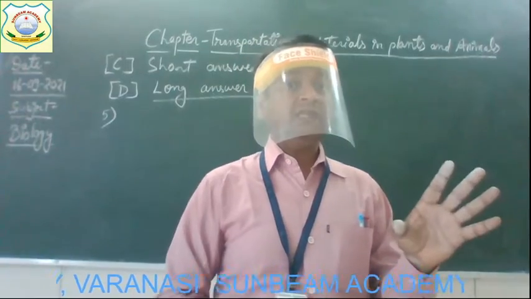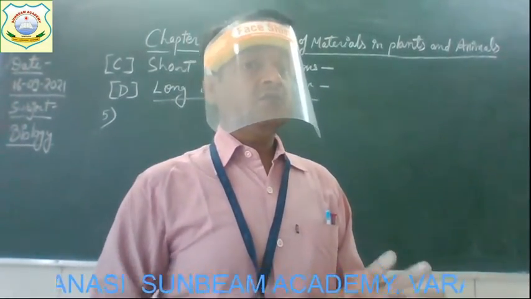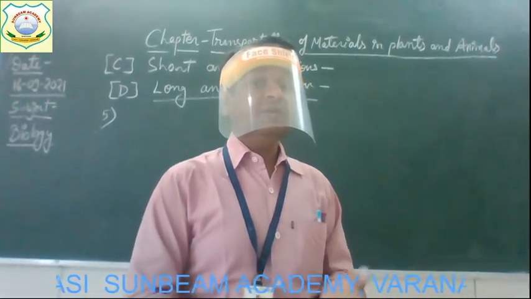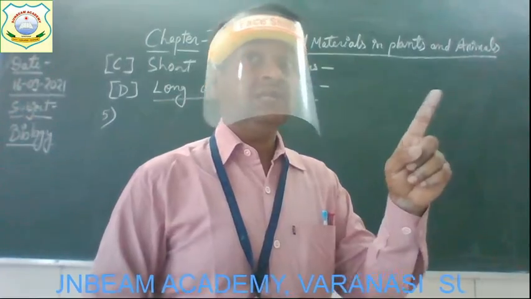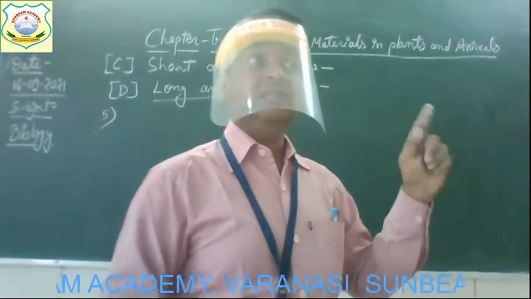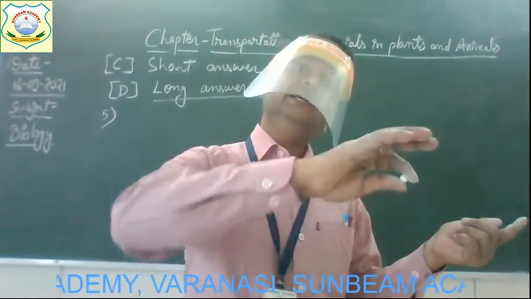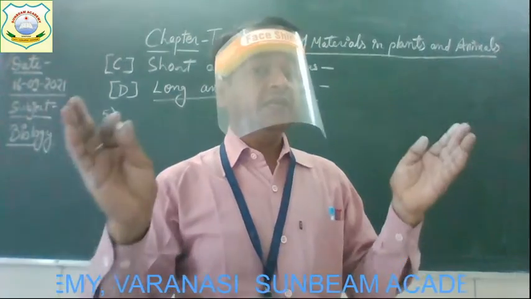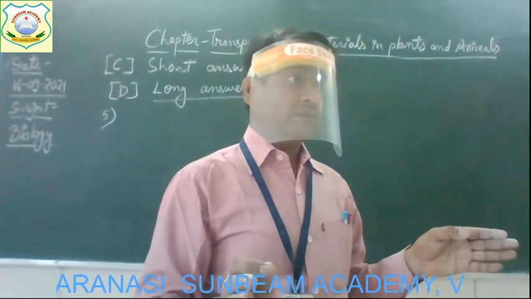And one more thing: the arteries generally carry what? Oxygen-rich pure blood. The word generally is here. It means not all arteries. There are some arteries that carry carbon dioxide rich blood, but most of the arteries carry oxygen-rich pure blood.